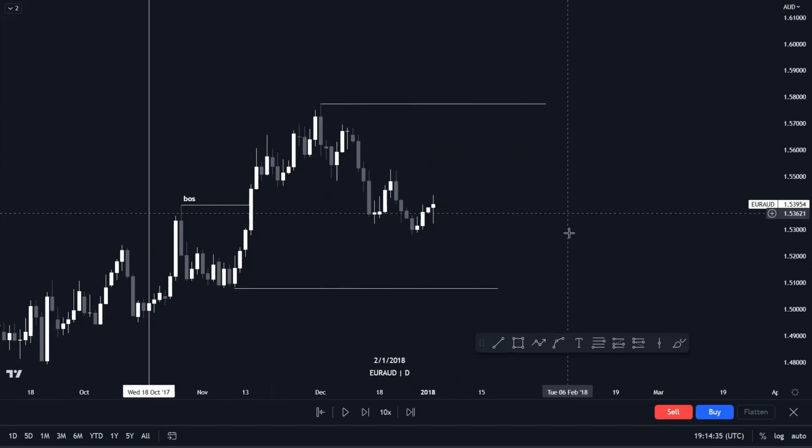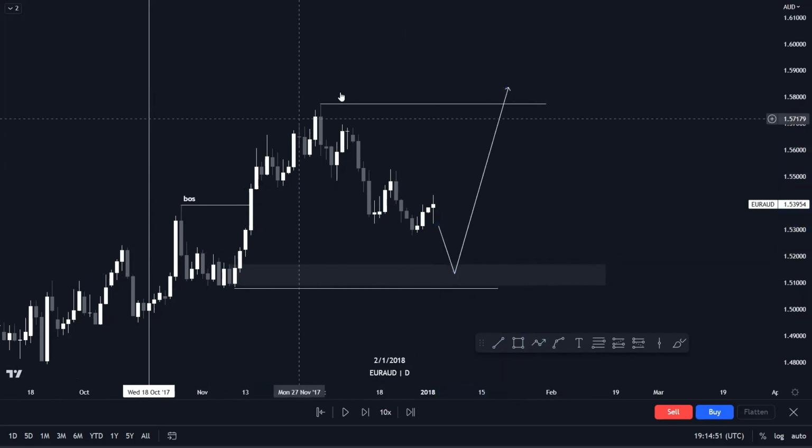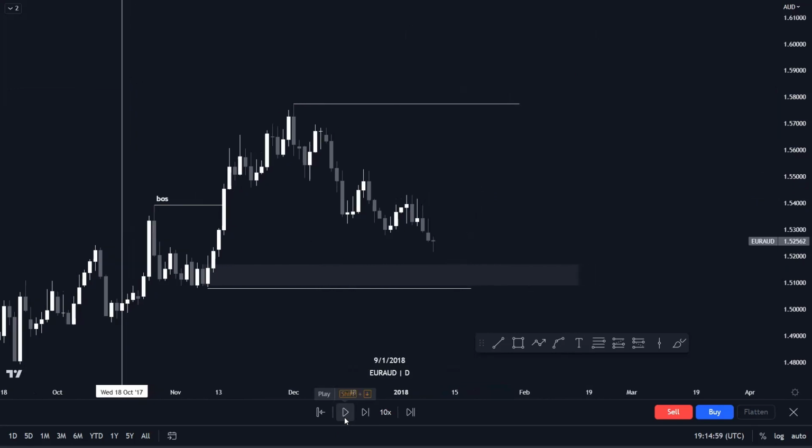So now since we're in a bullish trend, we're looking to take our buying opportunities here at our order block here to push price to the upside and violate our previous high here, which is our take profit. Okay, so now let's play price and see what happens.